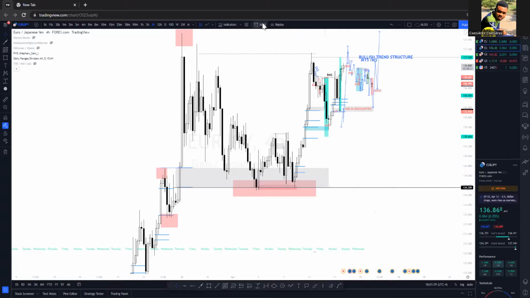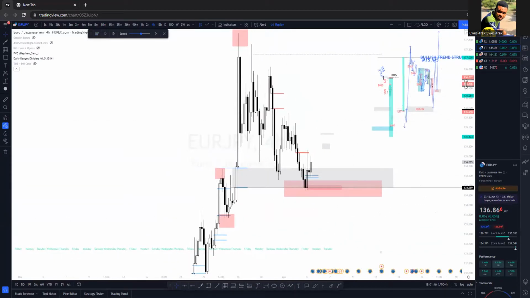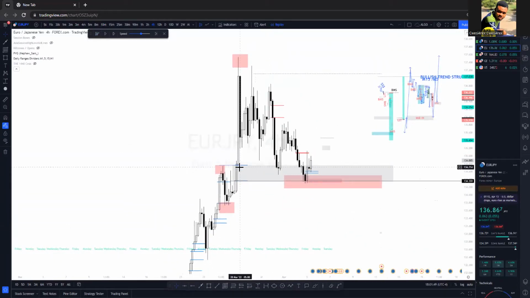Right now, you don't know where price is going to respect, the 50% or the 100%. That's where the sweat comes in. Are you getting it? That's when the sweat comes in, because if you enter at the 50%, the stop loss will be bigger.